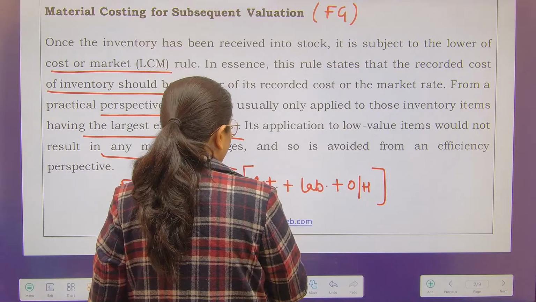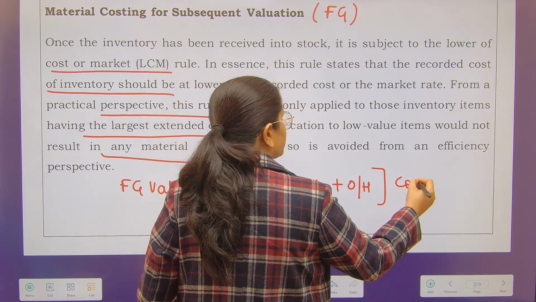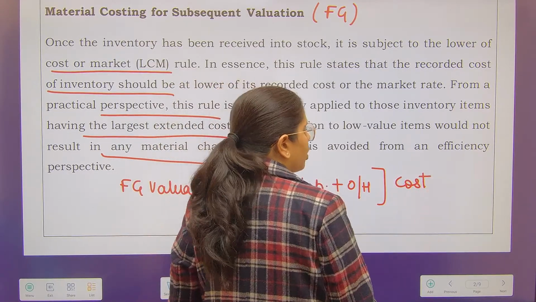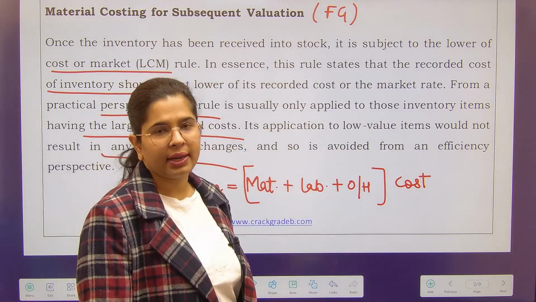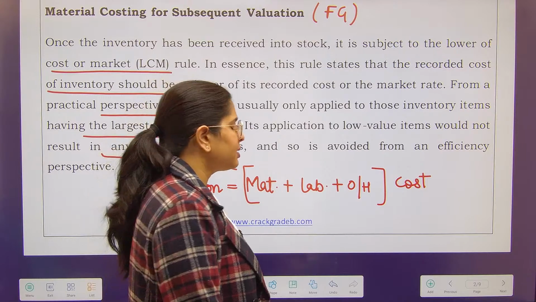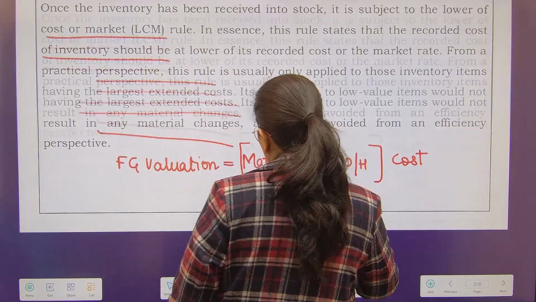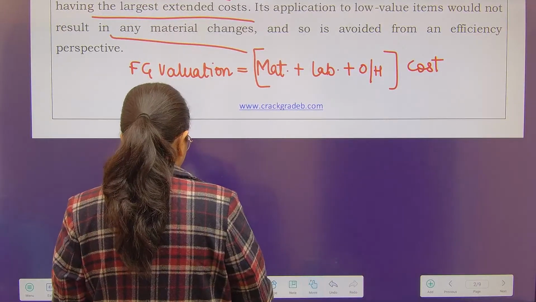All the total of this will be called cost. Once you find out the cost, then see whether cost is lower or market value is lower. Why is this rule applicable? So see over here.